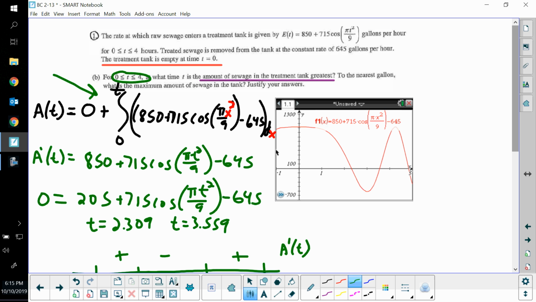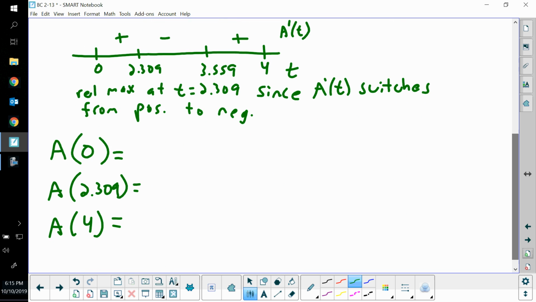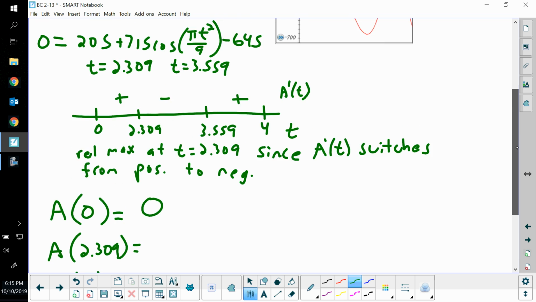A of 0, we shouldn't need to type in. 0 plus an integral from 0 to 0 should just be 0, or you can think of it as at time 0 we had nothing. We just have to do the 2.309 and the 4.